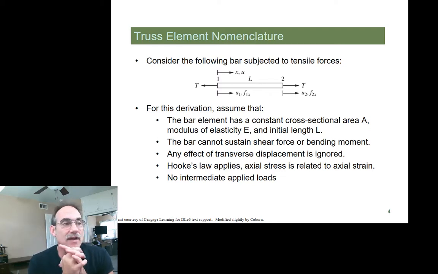If you want a cross-sectional area that changes, we're going to need a more complicated formulation than what we're going to address today. So we have constant area, constant modulus, and a certain length. We're assuming it can't take any shear or bending moment, and we're also not allowing this particular element to take any torsion either. We'll look at torsional loads later.